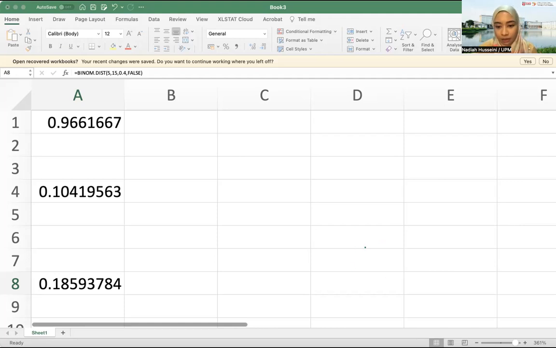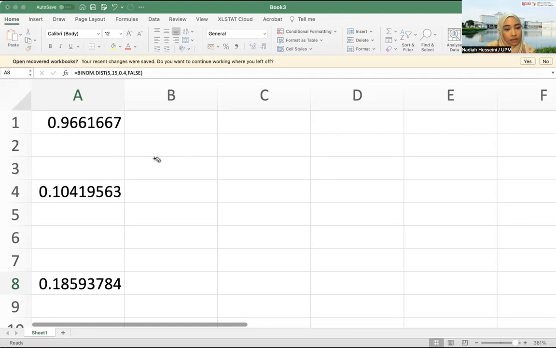You would find out what is 0 to 5, which means x is less than or equal to 5, minus x less than or equal to 4. So you would get only the portion of x equals 5 when you do that. Of course, this is the lengthy way to do it, but sometimes it is needed. So I'm just telling you guys, there's another way to do it.